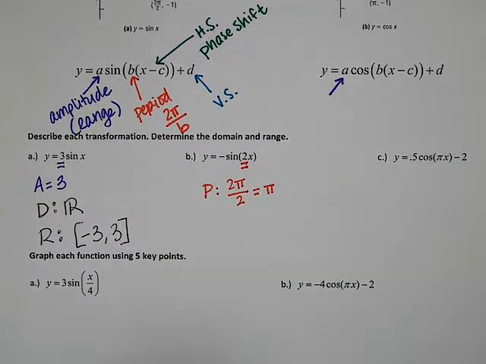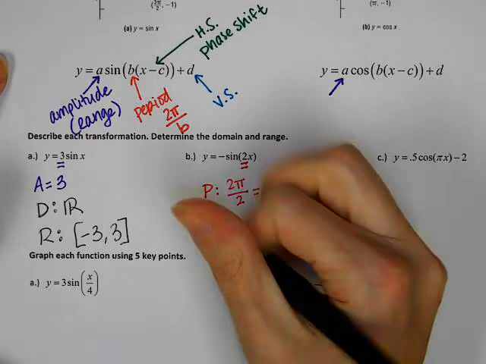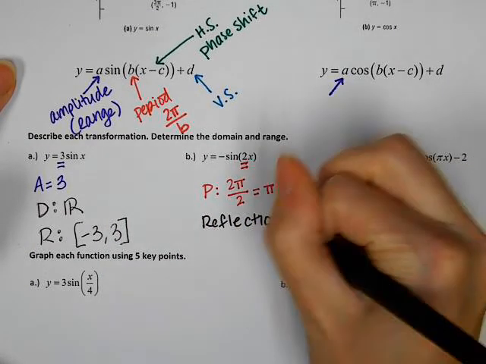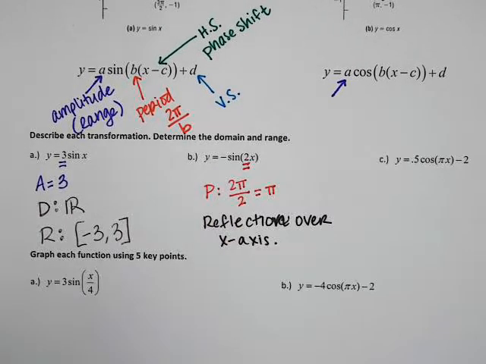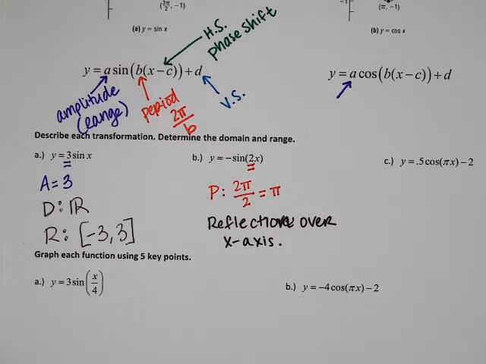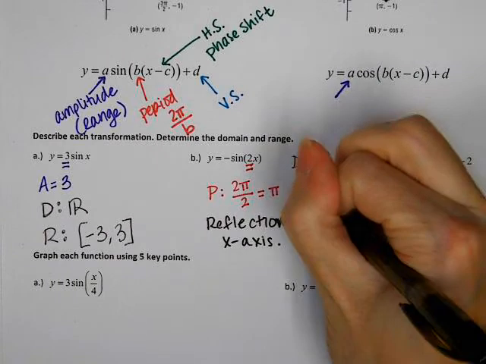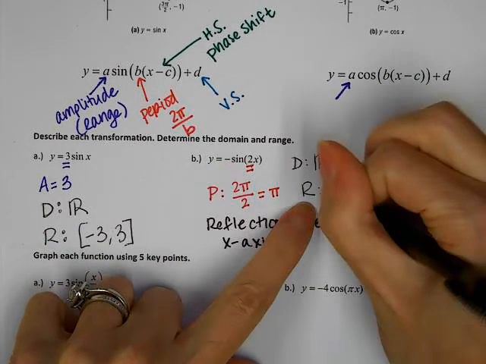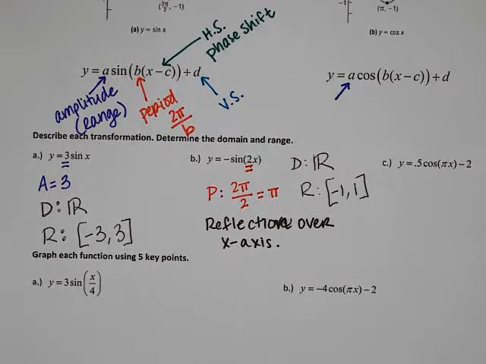Something that didn't come up above: if there is a negative out front, that's a reflection. So this one also has a reflection over the x-axis. A negative outside will flip over the x-axis. Okay, domain and range. Domain again is always all reals. For range, this one's amplitude is 1, so the range is still -1 to 1. The reflection doesn't matter.